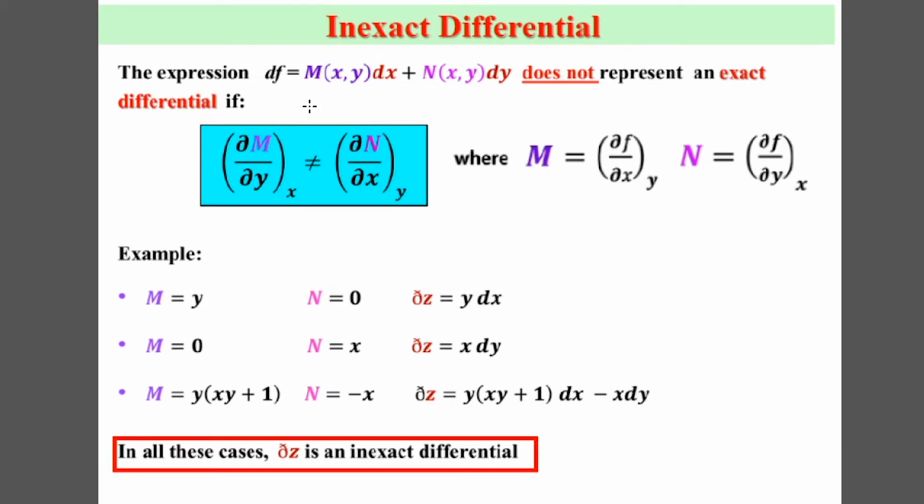Since n is 0, that term is not going to exist. So the total differential becomes dz equal to y dx.